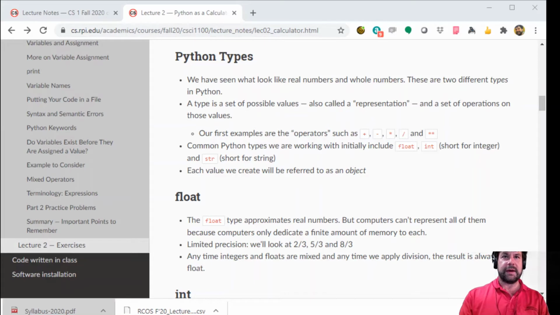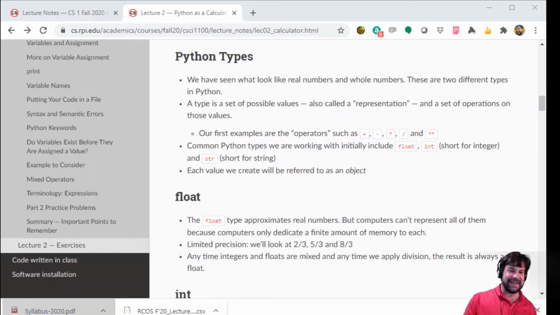Type 3750 divided by 60 will tell us that's a float. Anytime we divide, we're going to get a float, even if we divide by 1. But if we start doing modulos or integer divides, or the remainder function, those come back as ints.